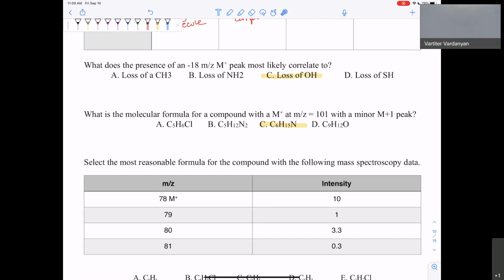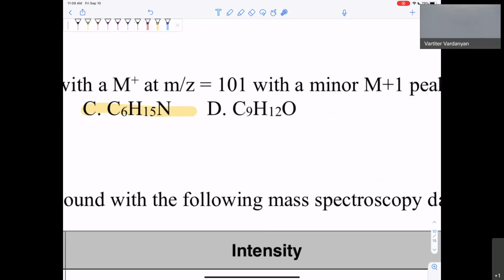If he were to give you answer choice E that had C10H21N, now there are 2 options that have an odd number of nitrogens. All you do is count up the mass of each one and figure out which one is 101.